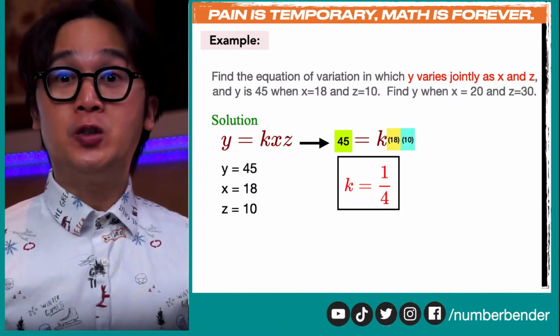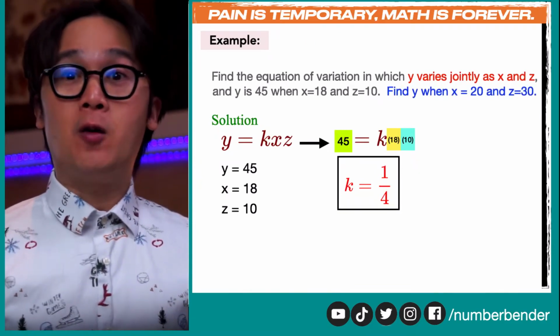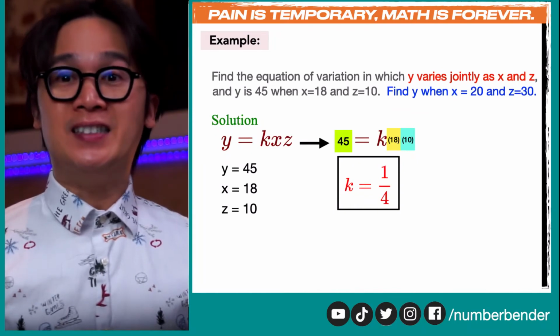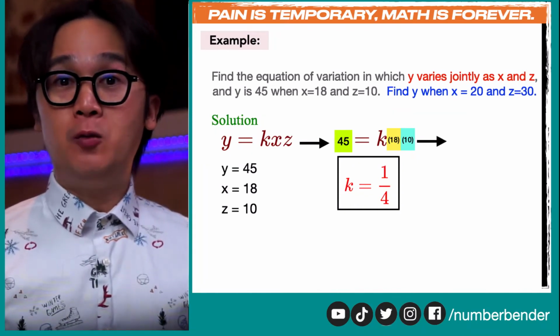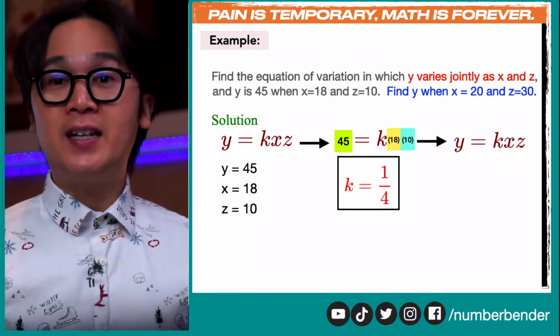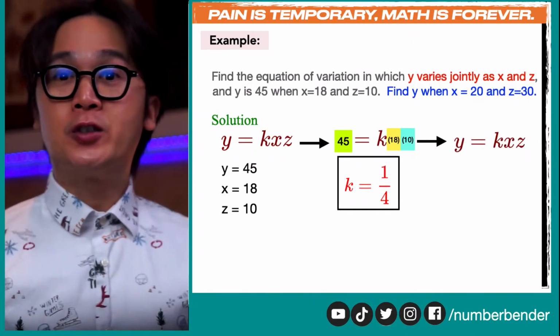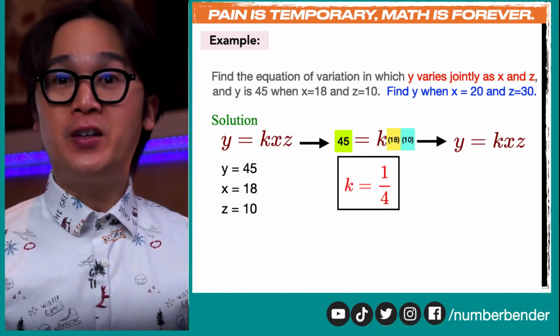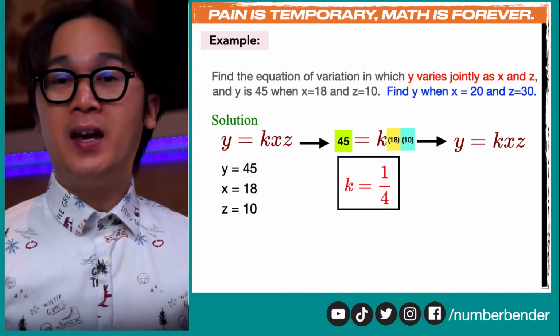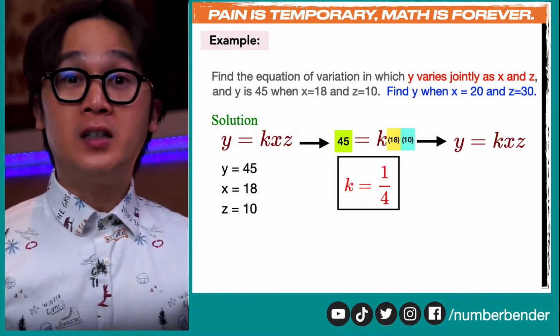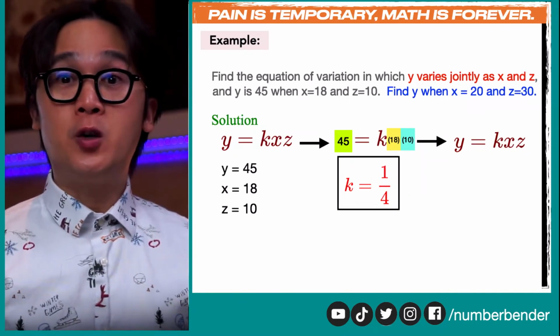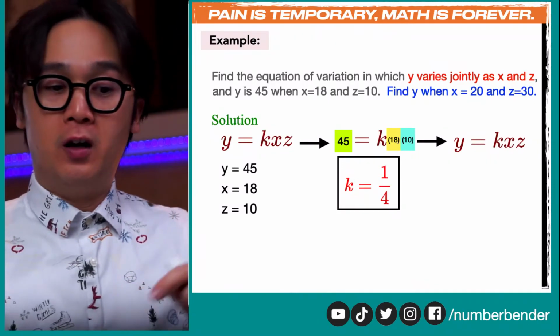And now we're ready to find y when x is 20 and z is 30. So by using the same formula, which is y equal to kxz, all we need to do now is to replace our value of x, which is 20, z, which is 30, and of course, using our constant of variation 1 over 4 so that we can find the value of y.